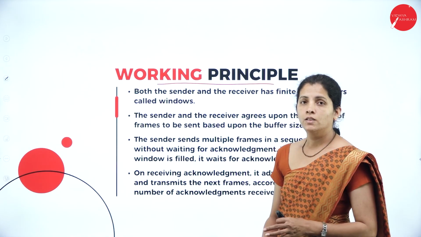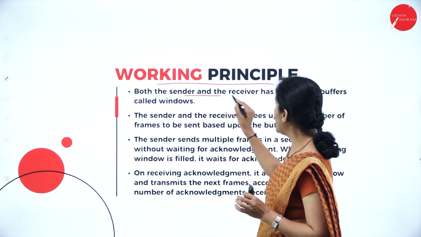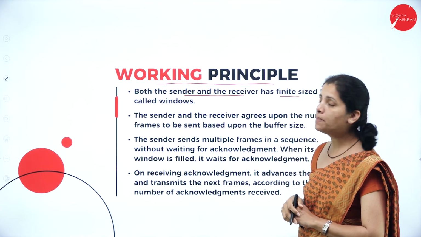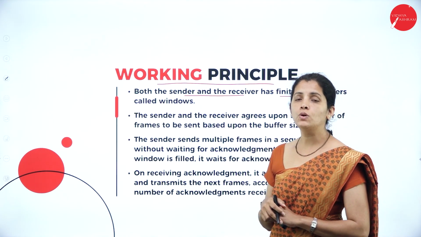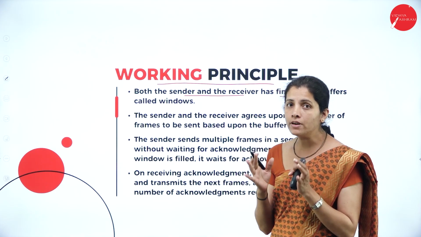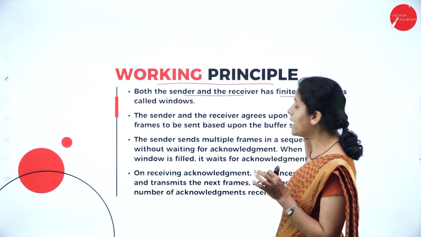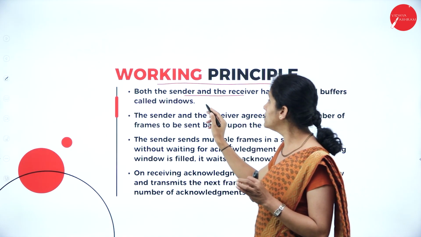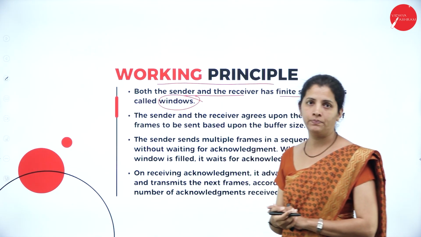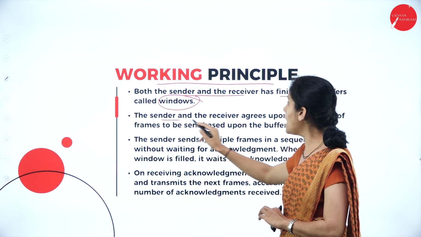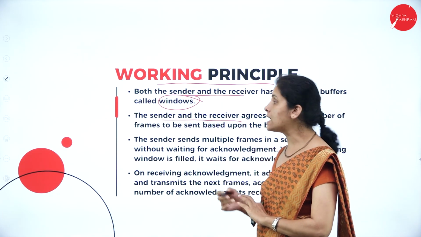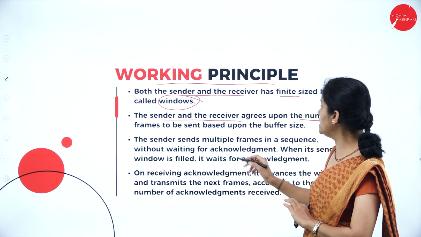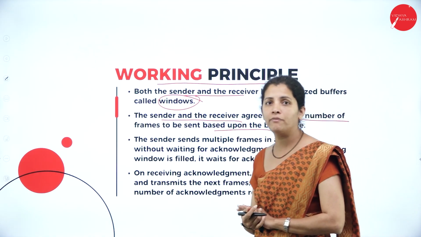Now, here both sender and receiver have a finite sized buffer. Sender and receiver must have a finite or fixed size of buffer and it is called a window. Now, the sender and receiver agree upon the number of frames to be sent based on the buffer size.